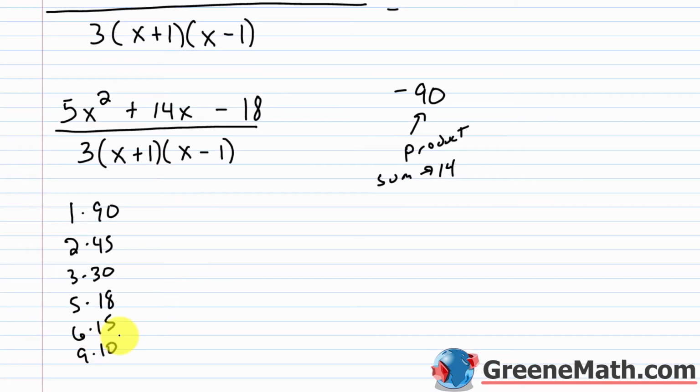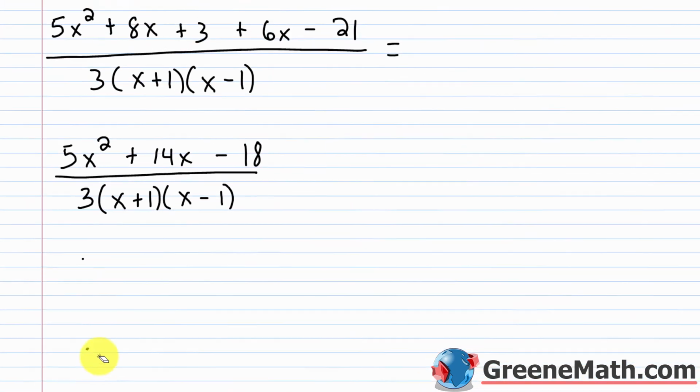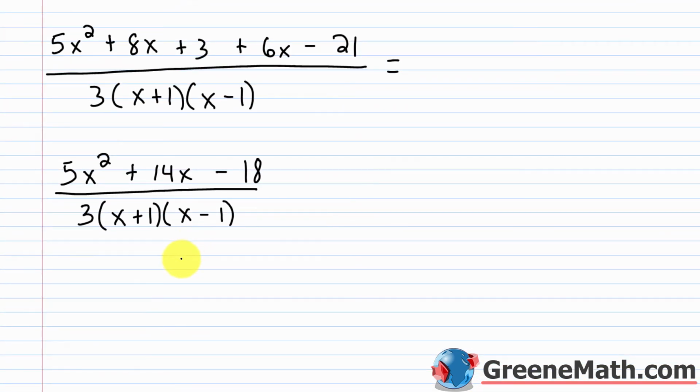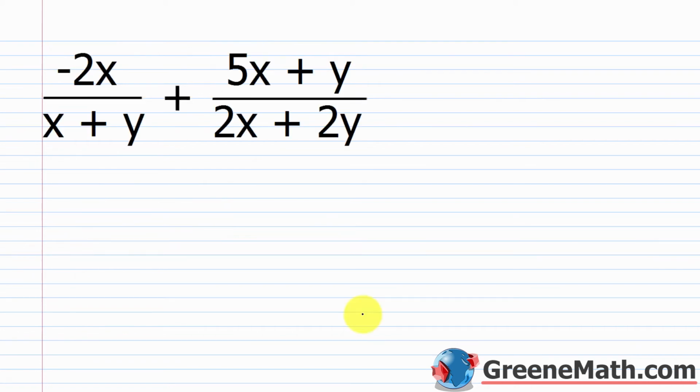And that's all we can really do. So I can't take any of these and manipulate the signs to get a sum of 14 and a product of negative 90. So this trinomial up here is going to be prime, and I can't factor it. So I'm just going to leave my answer as it is. This is simplified: 5x squared plus 14x minus 18 over 3 times the quantity x plus 1 times the quantity x minus 1. All right, let's take a look at another one.